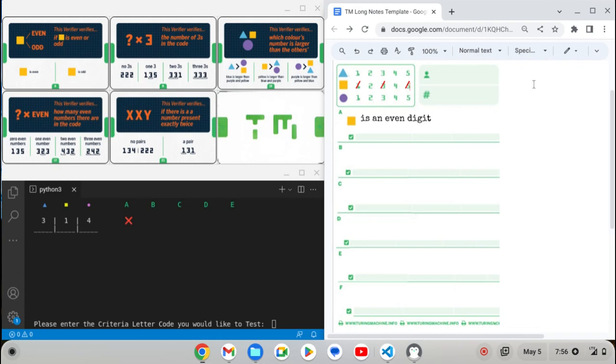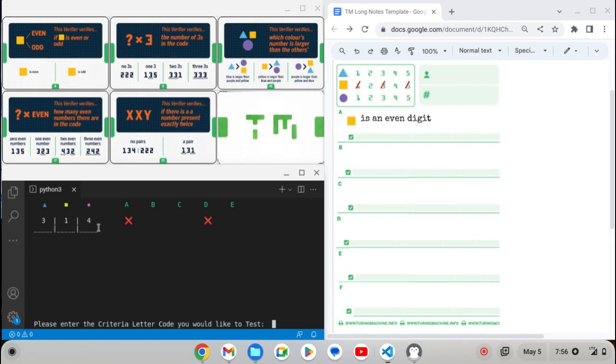Okay. I now see that I also have a criteria D that tells me how many even digits there are. So let's test D. The Turing Machine says, no, there is not just one even. So we know obviously it's not 0 because the square is even.